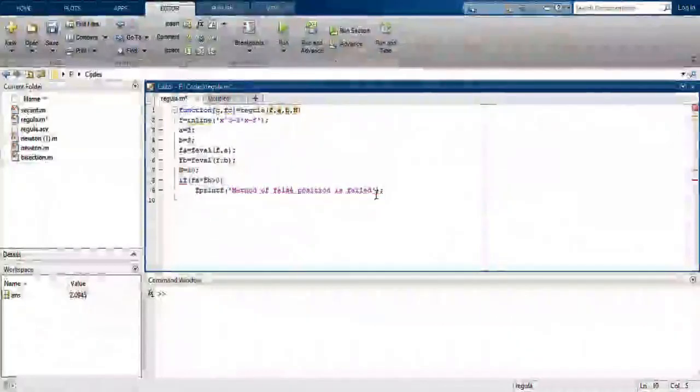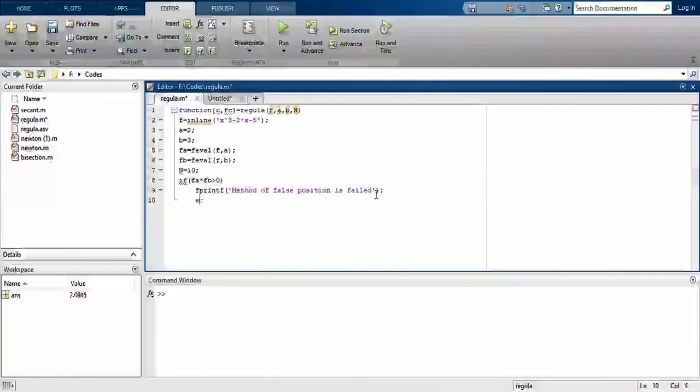Else, before that you can check whether f of a is the root or f of b is the root.